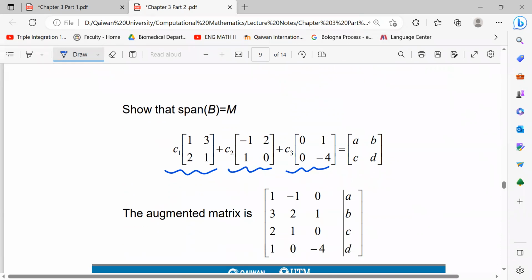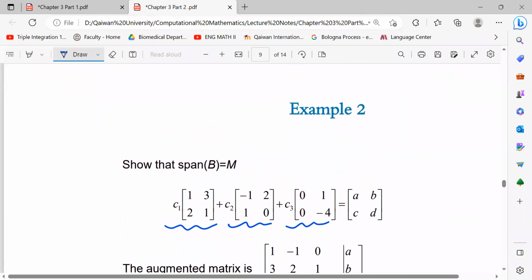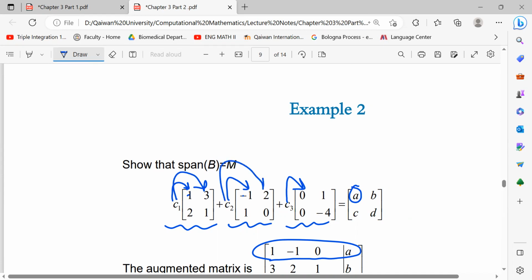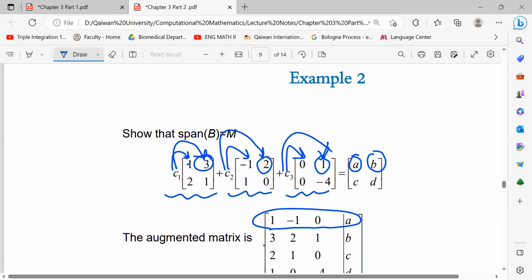We write down the augmented matrix. C1 times 1 plus C2 times -1 plus C3 times 0 is equal to A. Here we get 1, -1, 0, A. Then C1 times 3, C2 times 2, C3 times 1 is equal to B. That means 3, 2, 1, B. This is our second row.